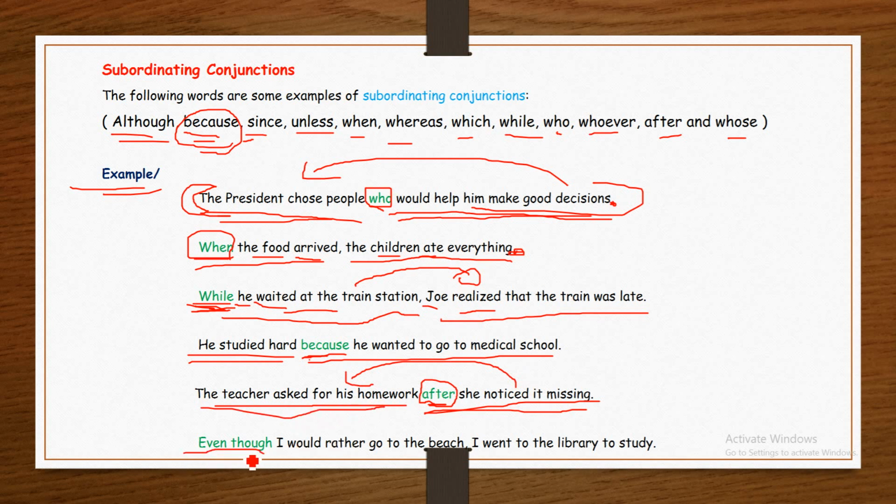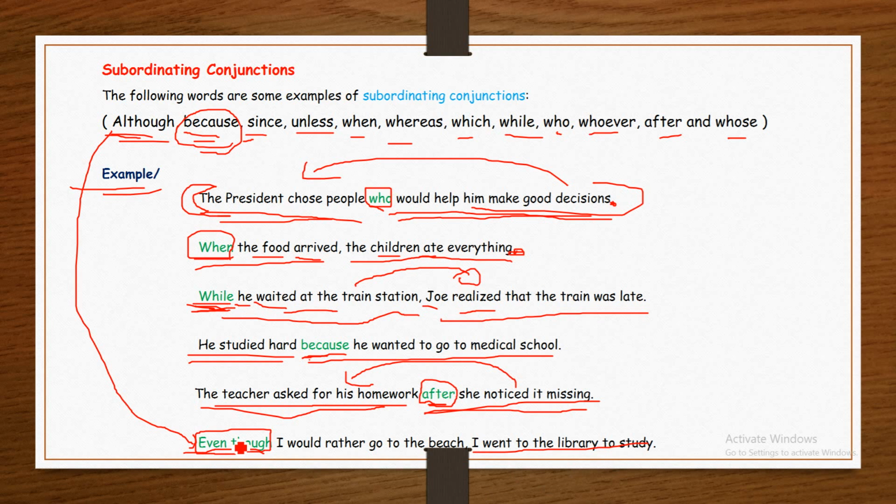Even though has exactly the same meaning as although. Even though I would rather go to the beach, I went to the library to study. This is a subordinating conjunction.